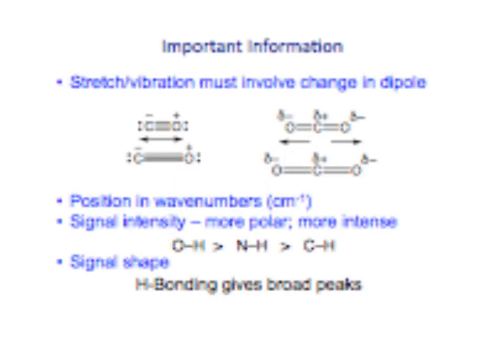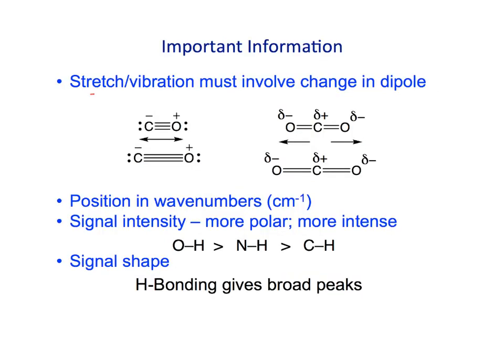A couple of other important things to take into account. So in order to observe a stretch or a motion in the infrared spectrum, that stretch or motion must involve a change in the dipole of the molecule. Okay, because as it moves, if it has a changing dipole, it kind of creates this little oscillating field.